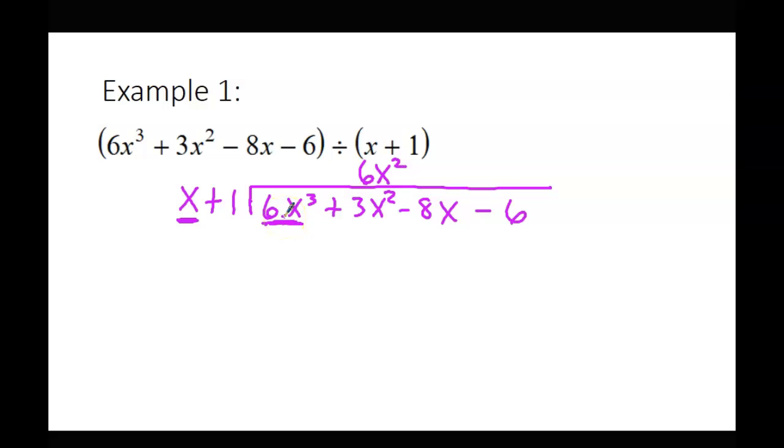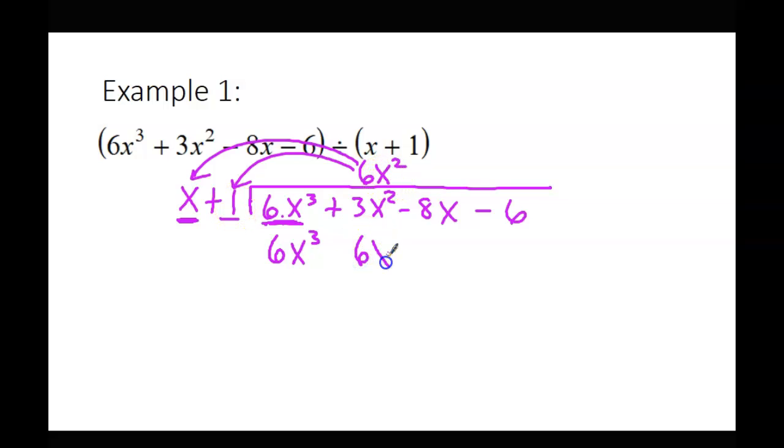And then we multiply. So now you're going to take this number and multiply it by both of those numbers, both this time. Not just the x, but also the 1. So what is 6x squared times x? The answer is 6x cubed. What is 6x squared times 1?